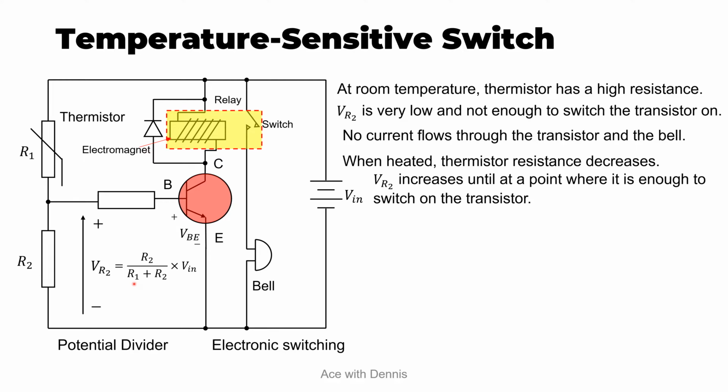When R1 decreases, VR2 will increase, because R1 is in the denominator, so VR2 is inversely related to R1. When VR2 increases and is greater than or equal to VBE, the current IB will flow into the transistor and turn on the transistor.